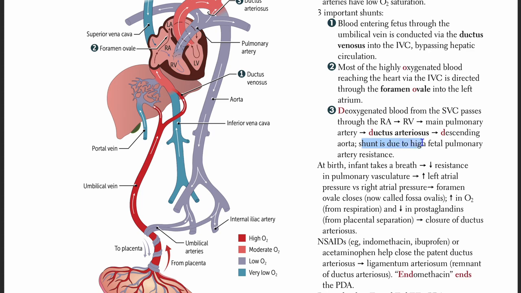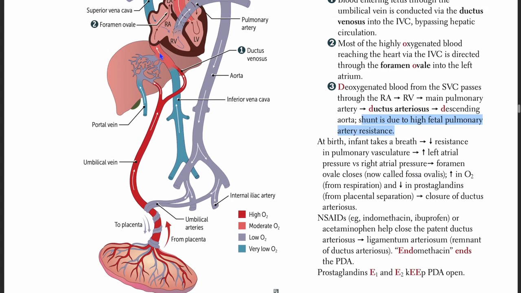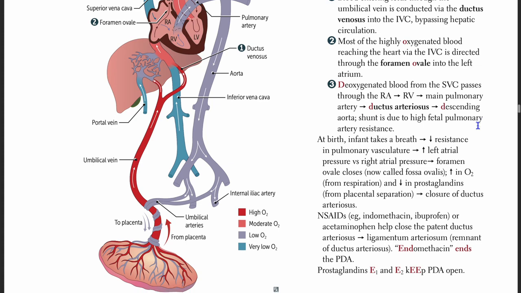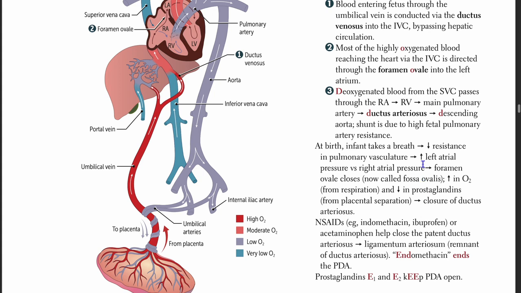And the shunt is due to high fetal pulmonary artery resistance, okay? So the lungs are creating the resistance. And then after it reaches that, it just goes through and through, downwards.